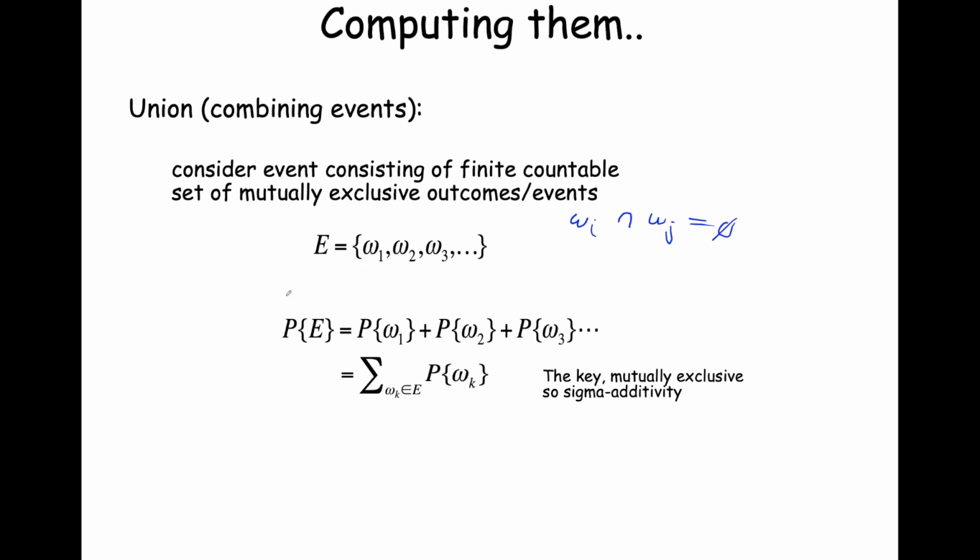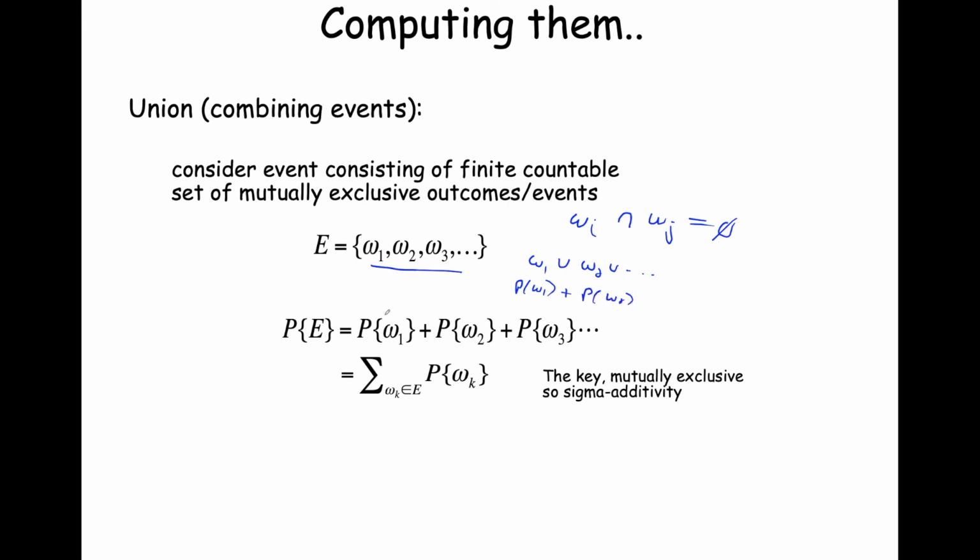Therefore, by that definition, the probability of this event consisting of a finite countable collection, if we take the union of them, that event is the same as saying the first event union the second event union, and so on, right? That's the same as being the sum of each one of the individual probabilities of these events, right? So that's the probability of the first event plus the probability of the second event, and so forth.